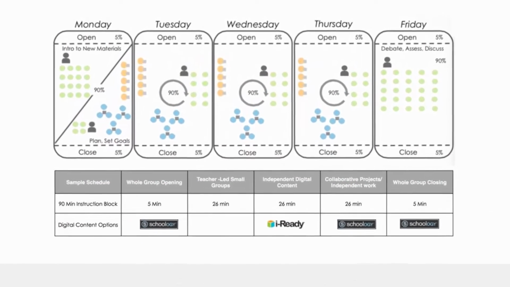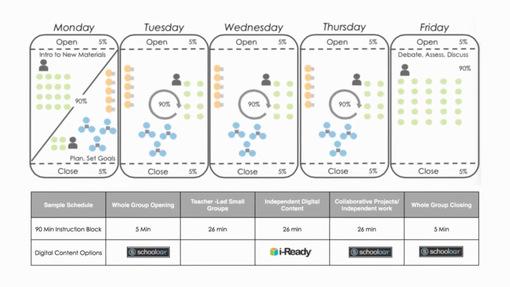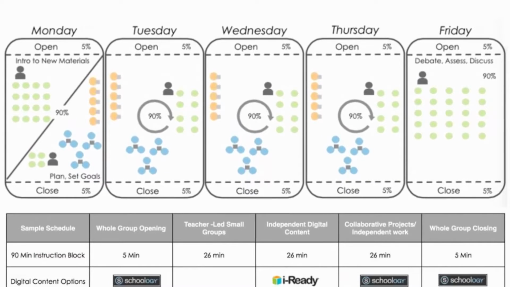The blended learning team, including myself and our coaches, know from this that we're now going to train them on Achieve 3000 or iReady in this case. We're going to have to help support them and set up the systems and routines that they want to implement in their classroom. When we take this approach, it's very much a collaborative effort, and they don't feel like digital content is being forced on them. We're helping them solve a problem that they identified.